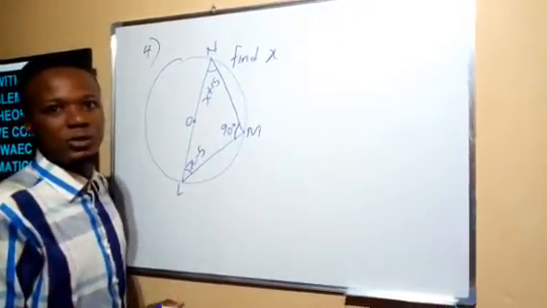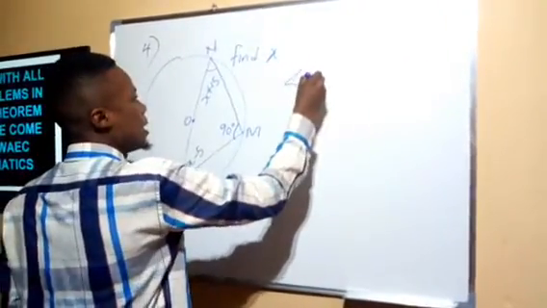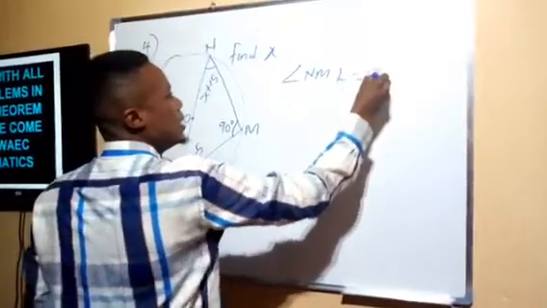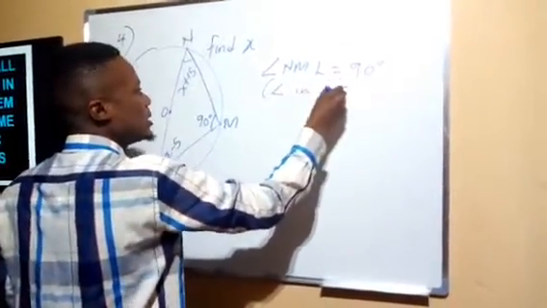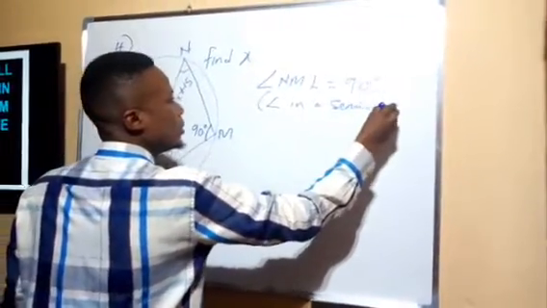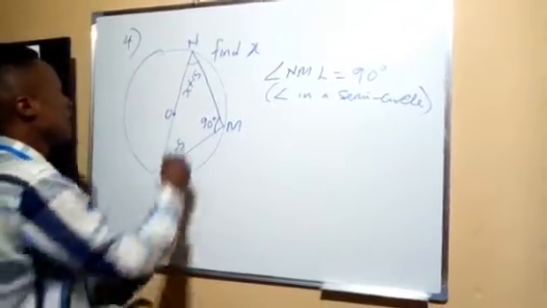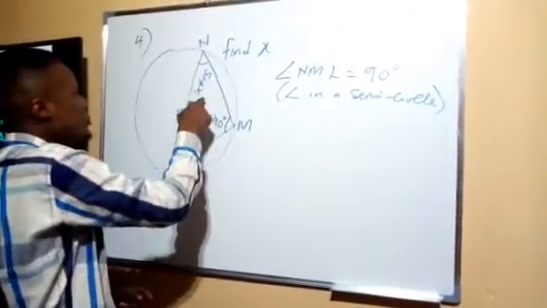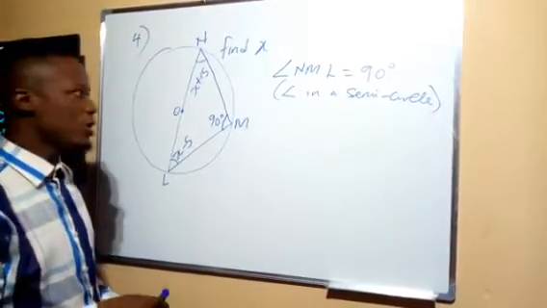A circle theorem said that. So I will write that angle NML is 90 degrees, reason: angle in a semicircle. So the angle in a semicircle is 90 degrees. And this is just a triangle. So I have to sum all these angles here and equate with 180 degrees.